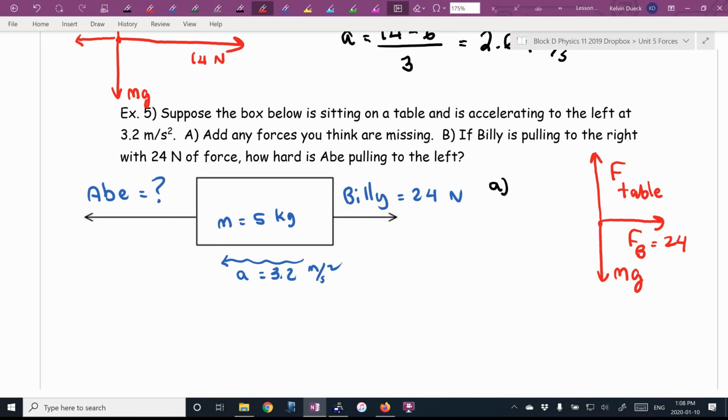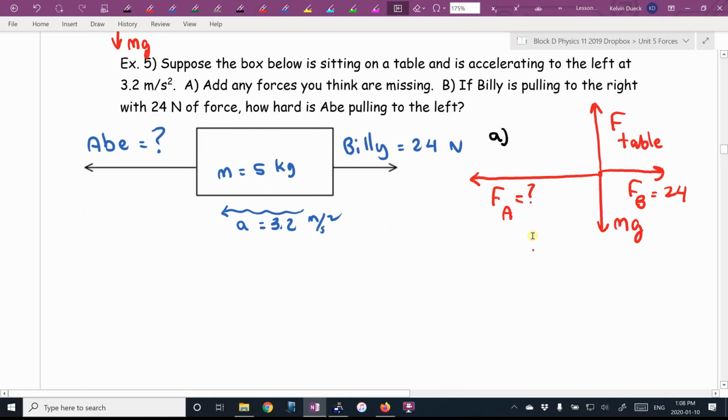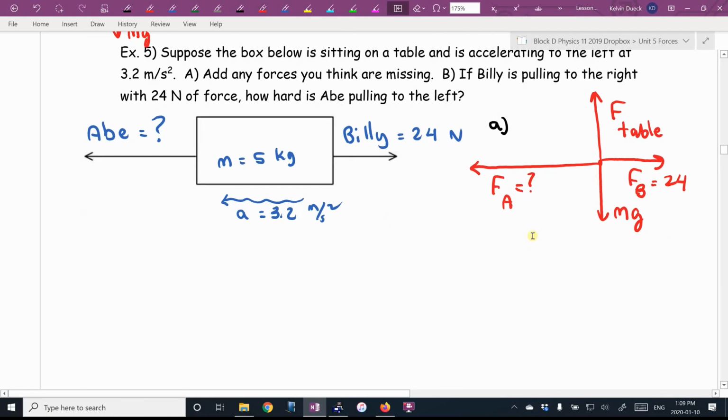And that's which way the bigger unbalanced winner force must be, Newton's first. Starting to see why I said Newton's first is really a handy law to do free body diagrams with. I'll exaggerate it so it catches my eye. Here is F Abe, and I'll even put an equals question mark. Cool. B wants me to find F Abe.